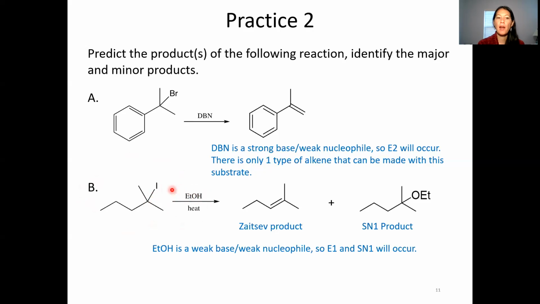Then the ethanol can either add in and give you the substitution product, the SN1 product, or you could deprotonate a hydrogen, and it's actually this hydrogen here, because that's preferred to give the more substituted Zaitsev product. So those two can occur. We're going to say it's about equal amounts.